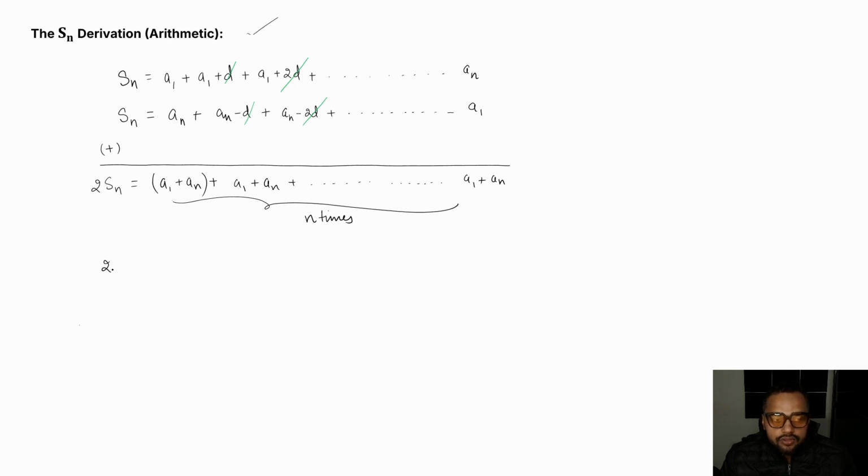So from here we can say 2 times Sn is equal to n times (a1 plus an). Now if I transpose 2 to the right hand side, we'll get Sn equals n by 2 times (a1 plus an). We know an is the last term of an arithmetic progression, so an can be written as a1 plus (n minus 1) times d.